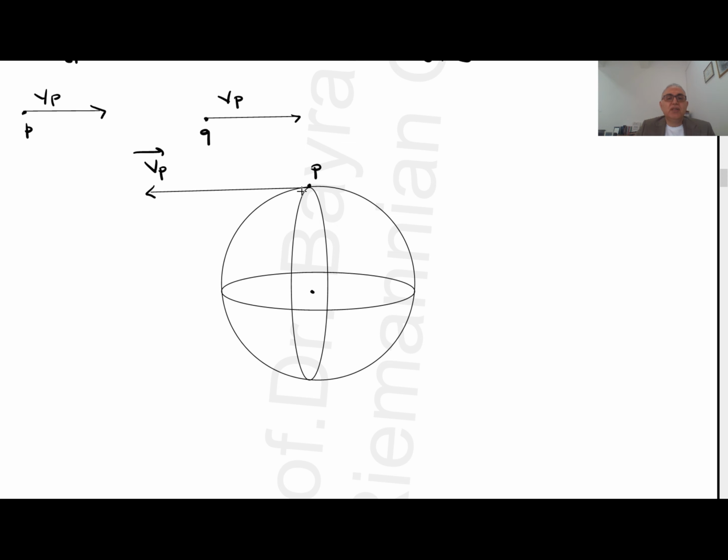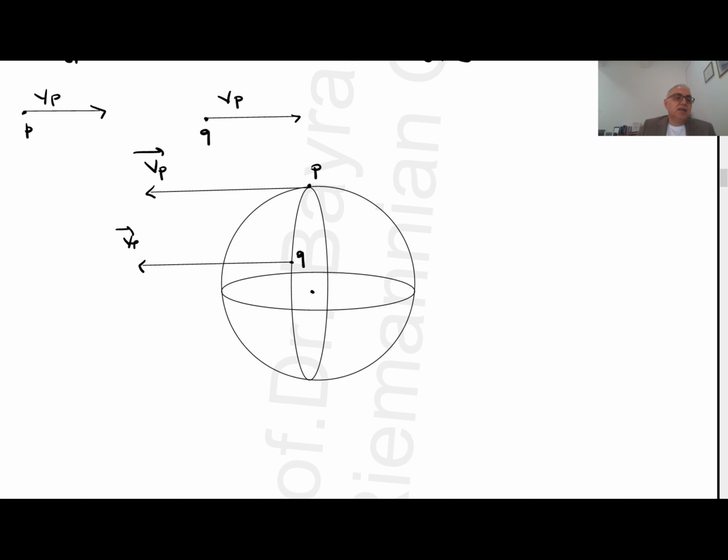But when you move along this curve, let's say you come to this point, and this is your V_P, and this point is now, let's say, Q. If you compare these two vectors, here this vector is tangent to this curve, but here it is not.